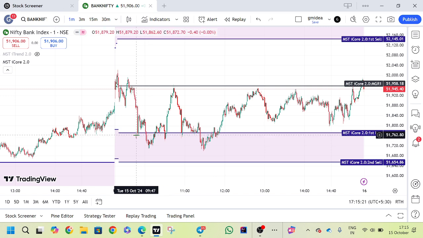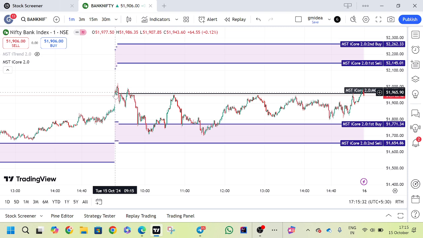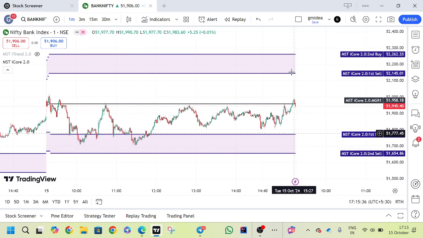So here we got the entry. At 9:48 we got the entry and we know in advance which strike price we have to select. At 9:15 itself we will know what the buy strike price and sell strike price are. I mean what the call strike price we have to choose and what the put strike price we have to choose.